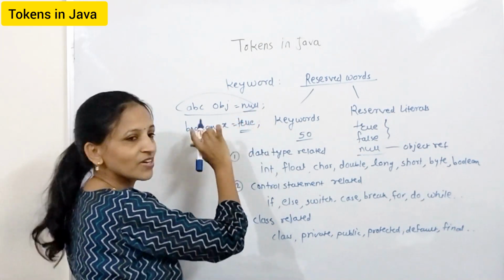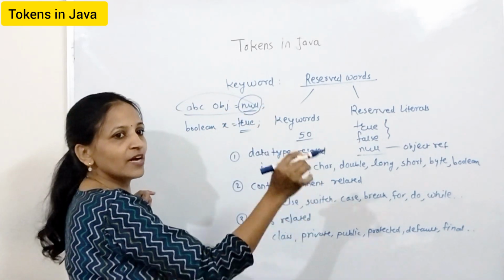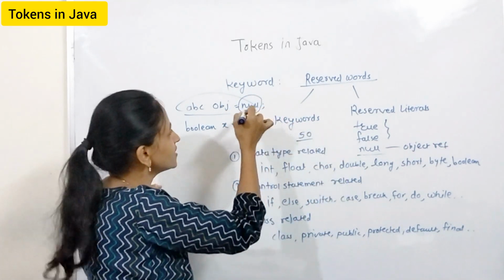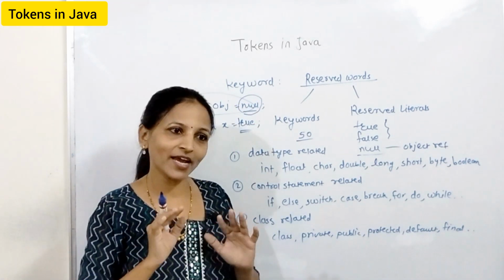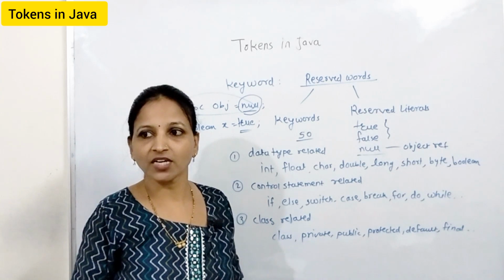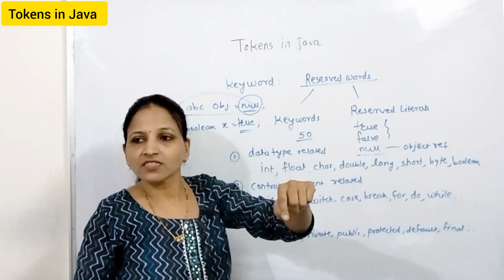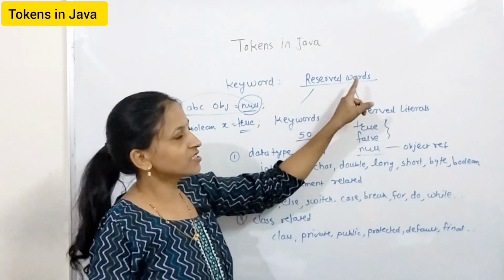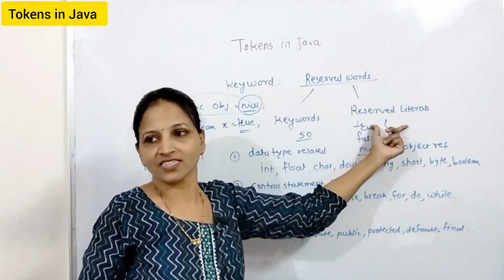On the right hand side we are writing this, and this is a fixed value, that's why it is a literal, and this is reserved. Null you cannot use for giving a name to any program element. That's why just keep in mind, tokens in Java: first you can write reserved words, and in that you have to write two things, keywords and reserved literals.